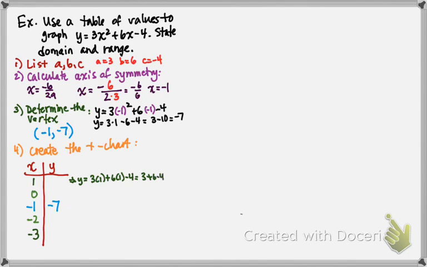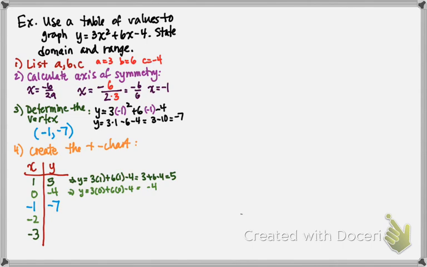That's 9. Take away 4 equals 5. Okay, so 5 goes here. Let's deal with 0. So we get y is equal to 3 times 0 plus 6 times 0 minus 4. So that gives me just minus 4.